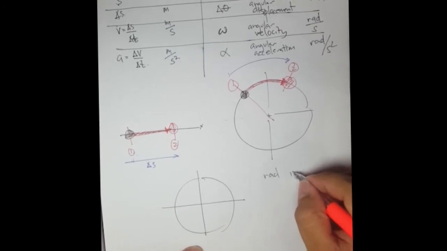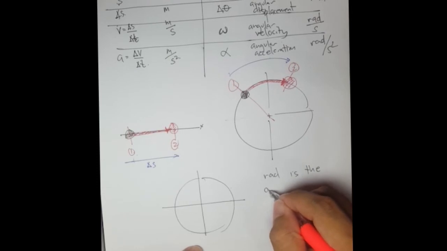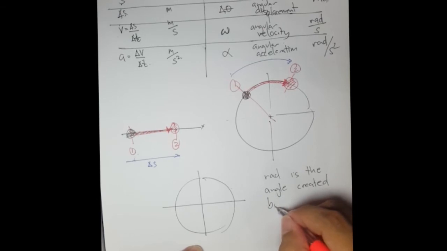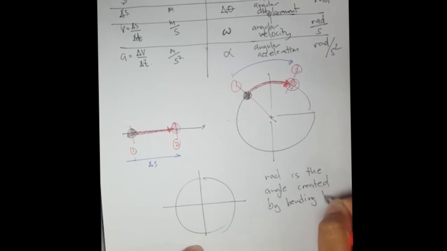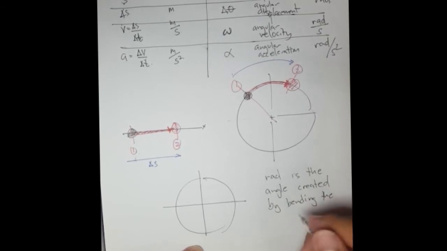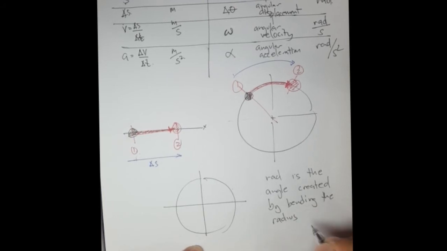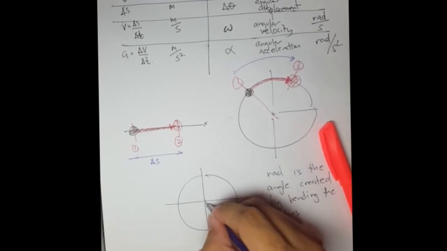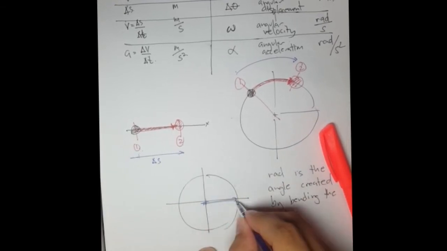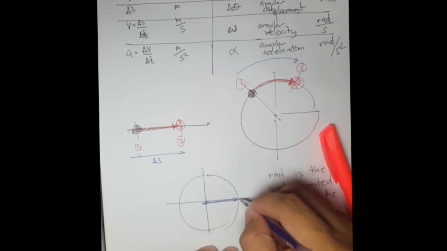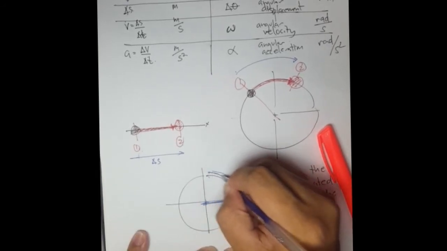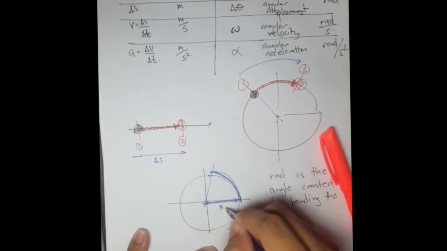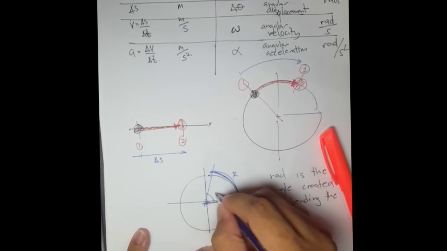The radian is the angle created by bending the radius. What it means is this: this is your radius. This length, if you plot it along the curve, along the arc length, with this radius being r, then the theta that's measured by that is the radian.